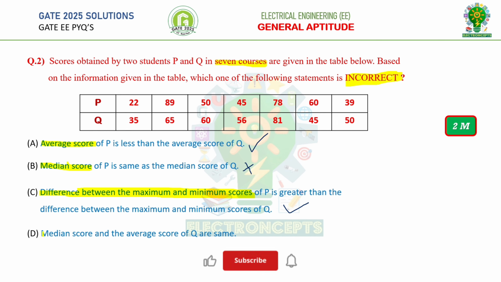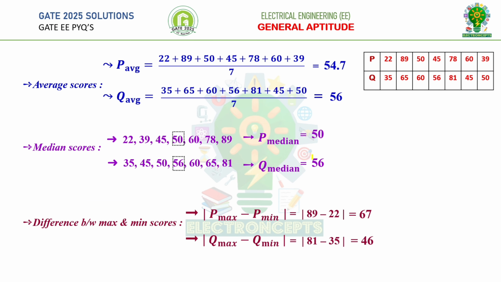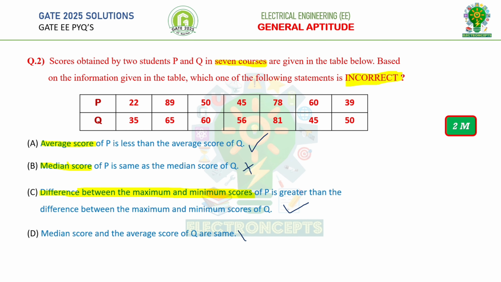Now let's check the fourth option. The median score and average score of Q are the same. The median score of Q is equal to 56 and the average score of Q is also equal to 56. Therefore, the statement is also correct. Now, in the question, it is given to find the incorrect statement. Therefore, the correct option is B.